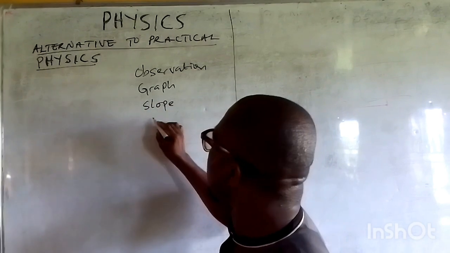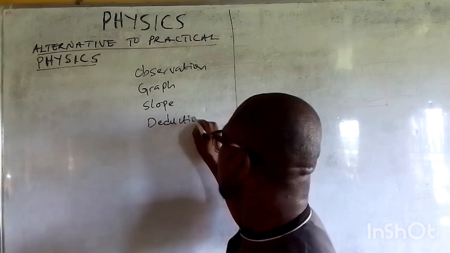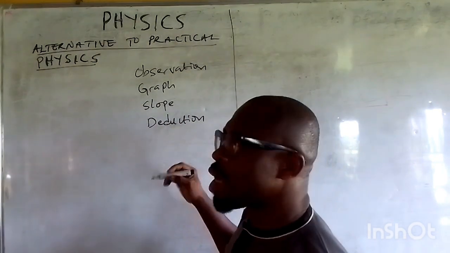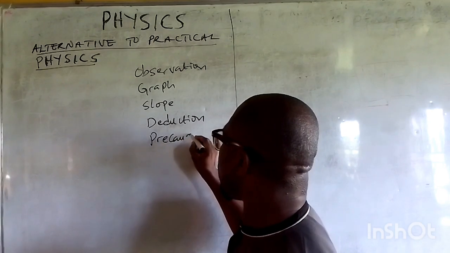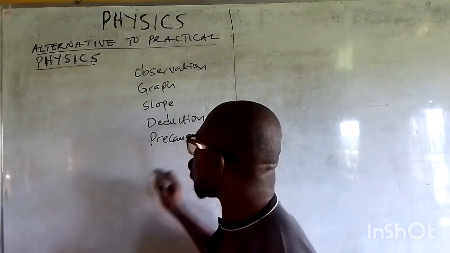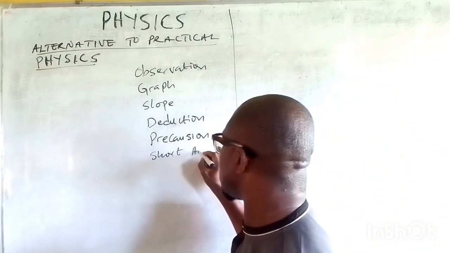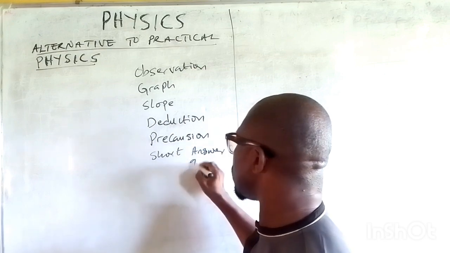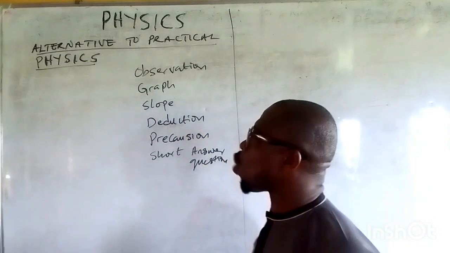The fourth one is your deductions. The fifth one is your precautions. And finally, the 6th one is your short answer questions. I'll explain each of these one after the other.